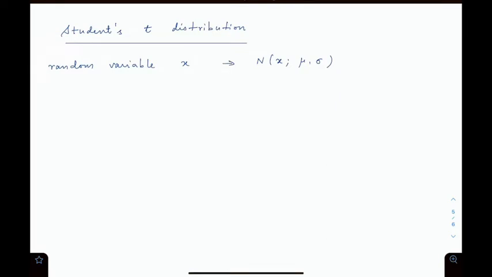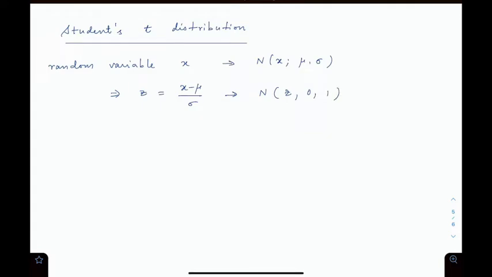Of course, we know that this implies that a variable z, which is defined as x minus mu by sigma, follows the normal distribution with mean 0 and standard deviation 1.